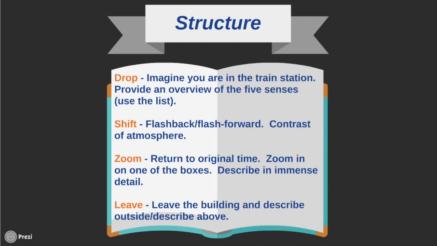So your drop, the first part of your answer, is you literally provide an overview of the actual image, or the image in your mind, and you use the 5 senses. Use the content list that you've got and just describe it as an overview. Then in the second part of your answer, you use either a flashback or a flash forward, and you have a contrast of atmosphere.